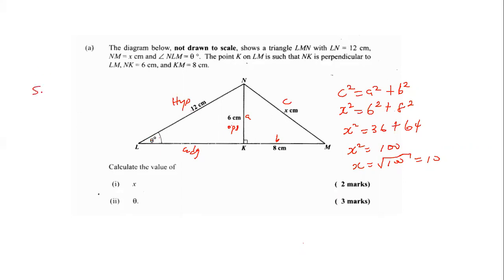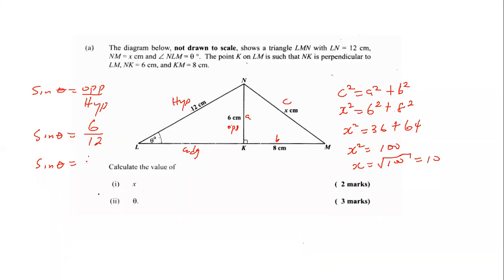Okay, so it will be sine, right? Sine theta is equal to opposite over hypotenuse. My opposite would have been 6 over 12, so sine theta is 6 over 12. What do I get? Half.